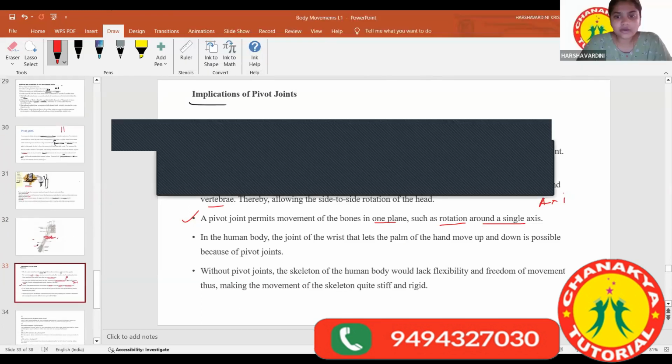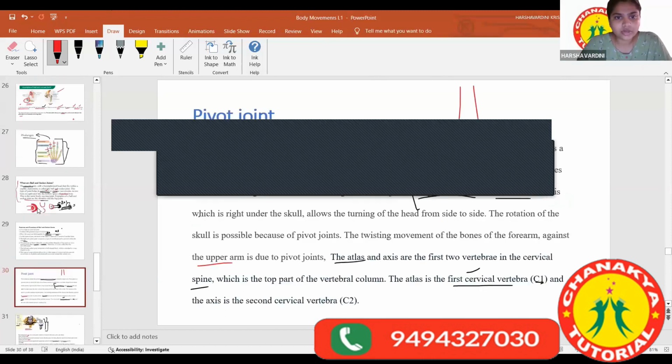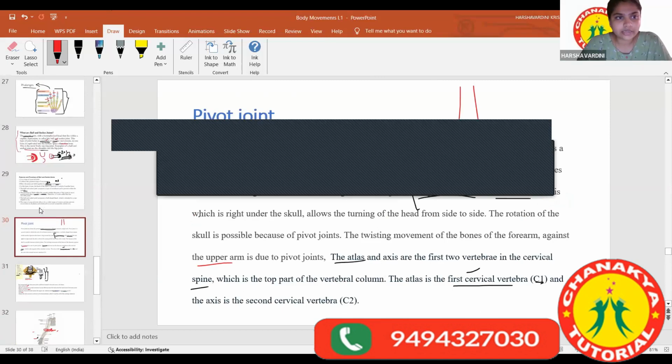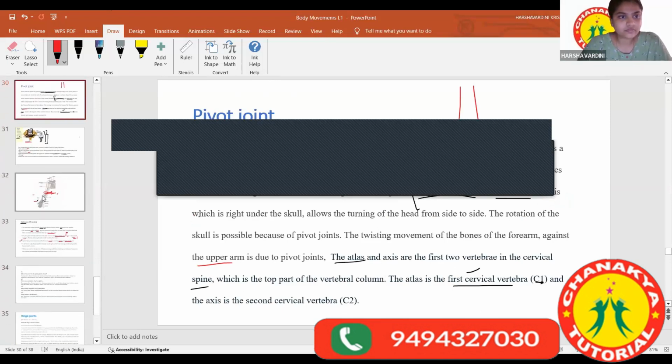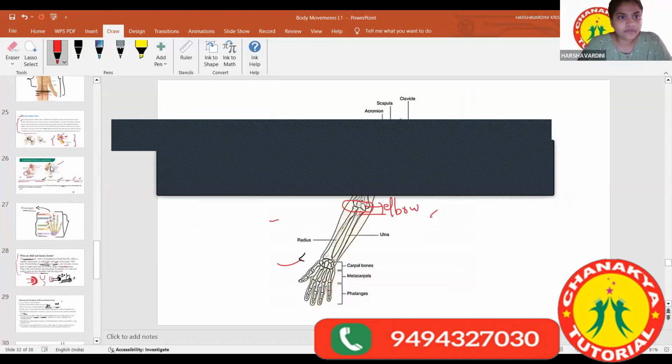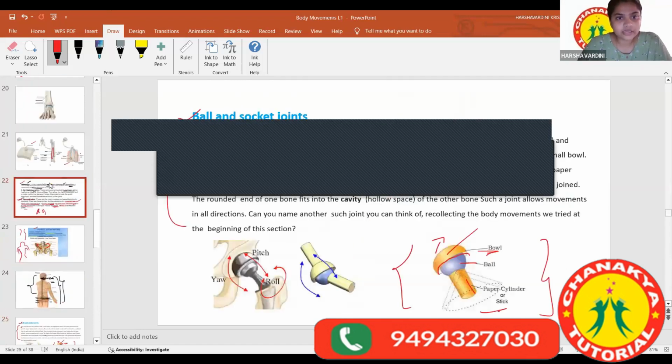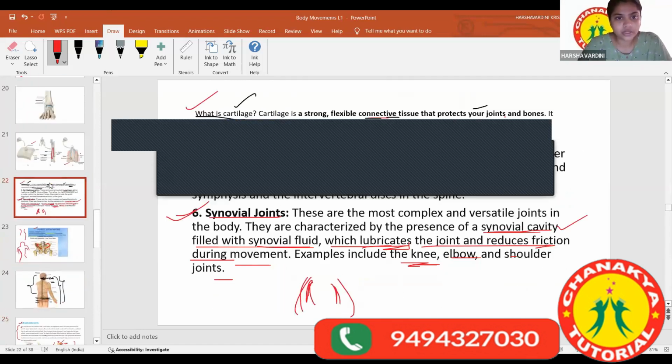Your book is also written like that. We have also spoken about that in some slide. I'm trying to see that only.